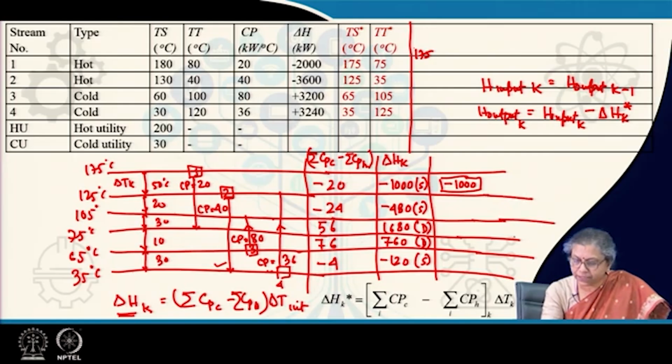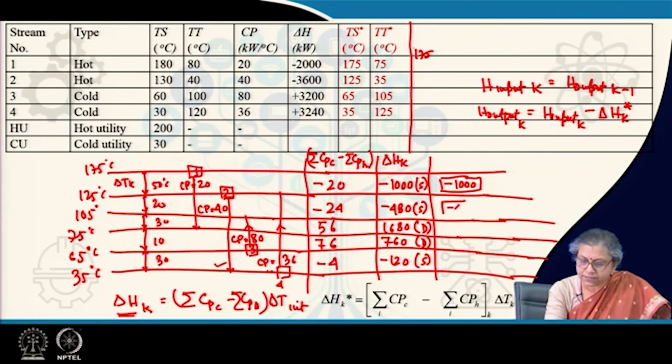In this case it is minus 480, in this case it is 1680, this is delta H k star for each cascade, and this is 760.